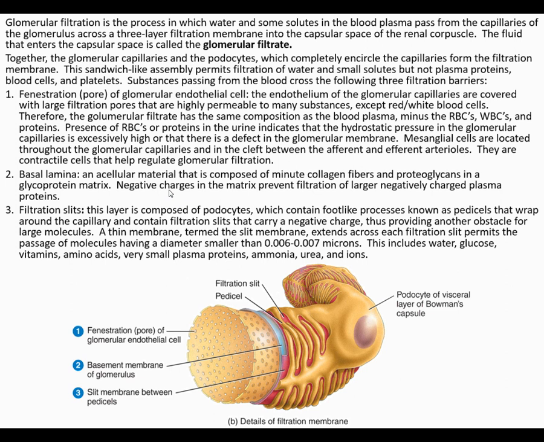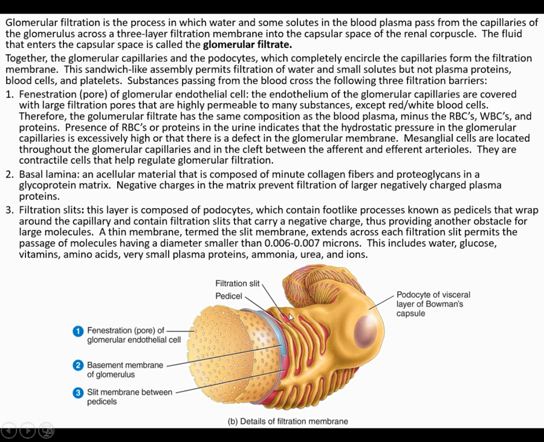Or like charges. They are not attracted to one another, are they? Because opposites attract. Likes repel. A lot of our plasma proteins are negatively charged. So even if they can fit through these little holes, they're not going to want to, because of this membrane that is also negatively charged. So it's going to repel them.